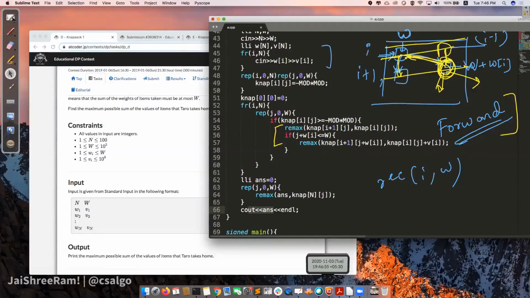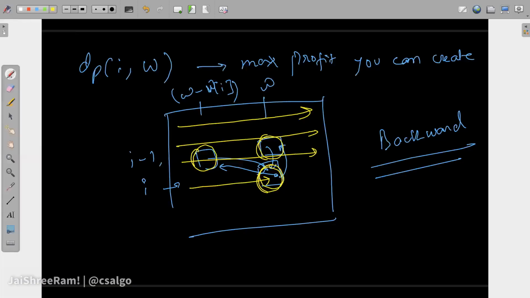You basically have an array, and we will decide on some order of looping. In this particular case, we are looping in this particular fashion. And when you reach a particular cell, some dp of I comma j, I will calculate its value. How do I calculate its value? I have some recurrence, right?